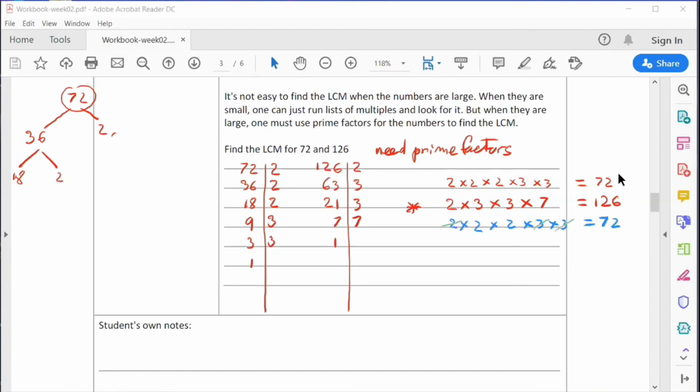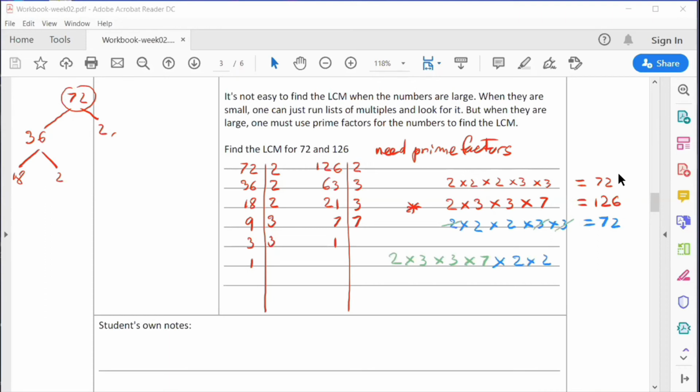Now, you put the thing together. So you rewrite the list for the larger one: 2 times 3 times 3 times 7. Then whatever is left of the smaller list, you write it in. I'll get the blue color. So I times it in: times 2, times 2.